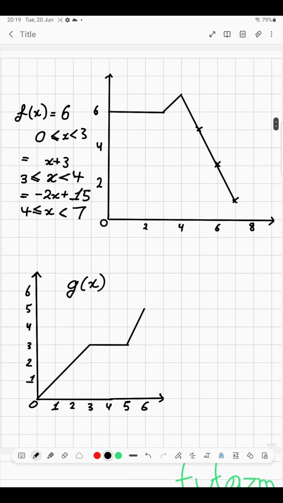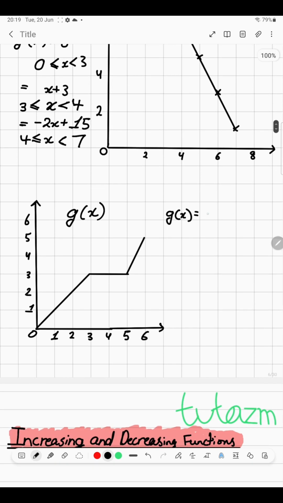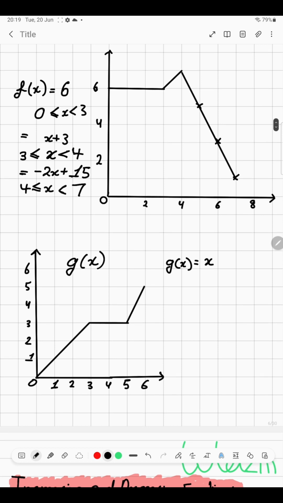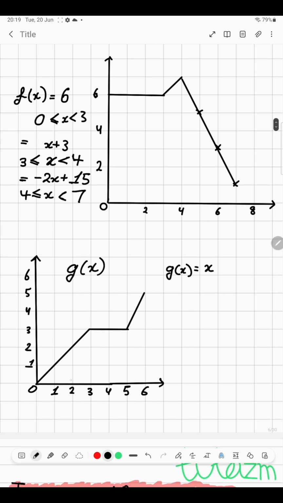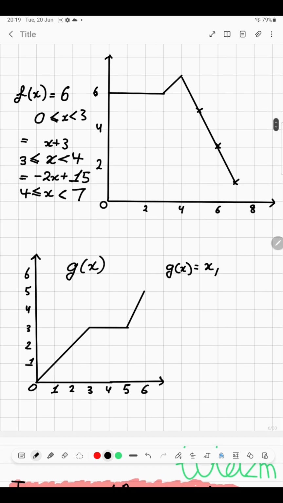And then here we can be asked to work out what the domain or range is, and we would be given the function. So for here it would be g of x equals x for the first part, and that is from 0 to 3.